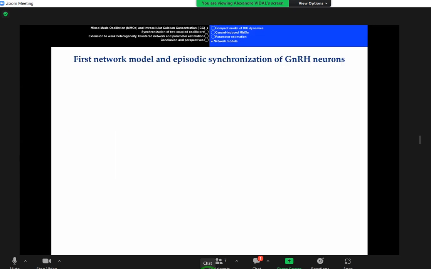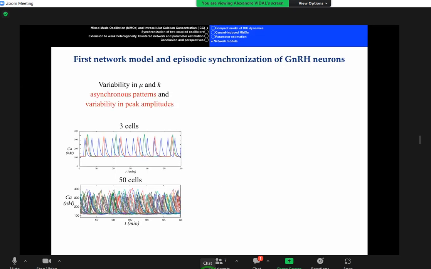How do we mimic such episodic synchronization? First, we need to have desynchronized neurons, and the variability in the two parameters mu and k in just one neuron, one cell, allows us to reproduce the asynchronous patterns and the variability in peak and amplitudes that we identify in the experimental data.